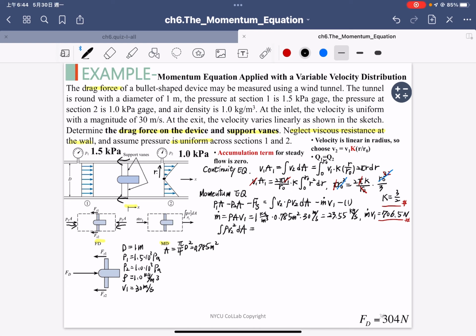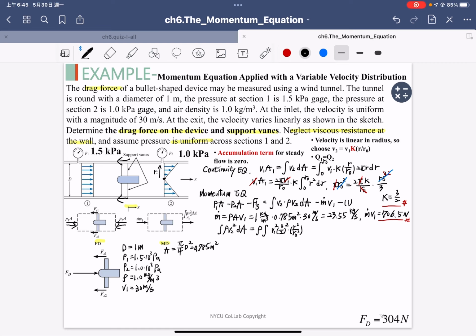So we take the density outside, and then we replace V2 with V1 times the coefficient K, which is 2/3, squared, and here is R squared and R0 squared.